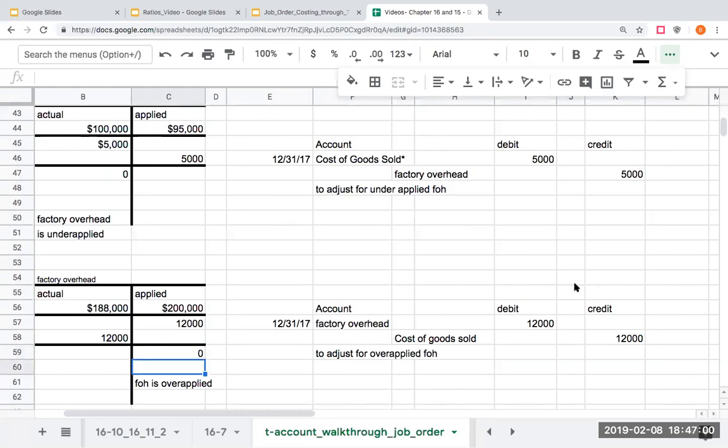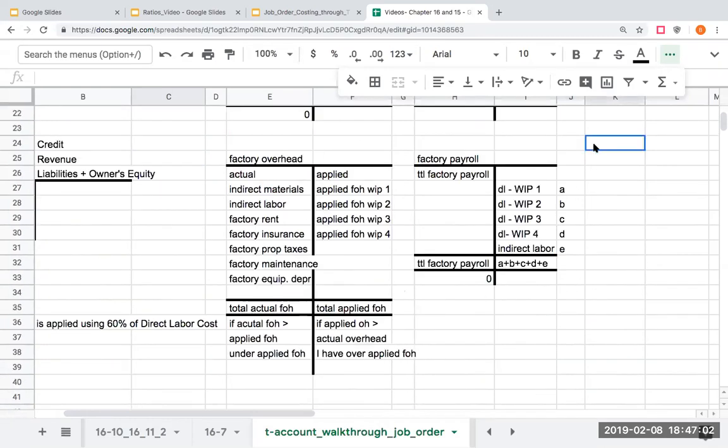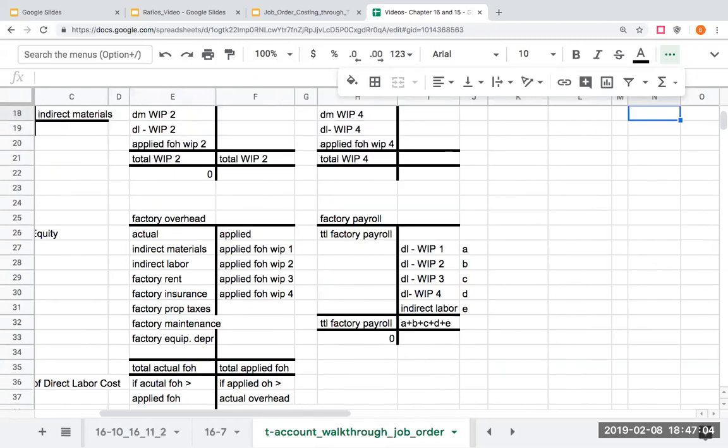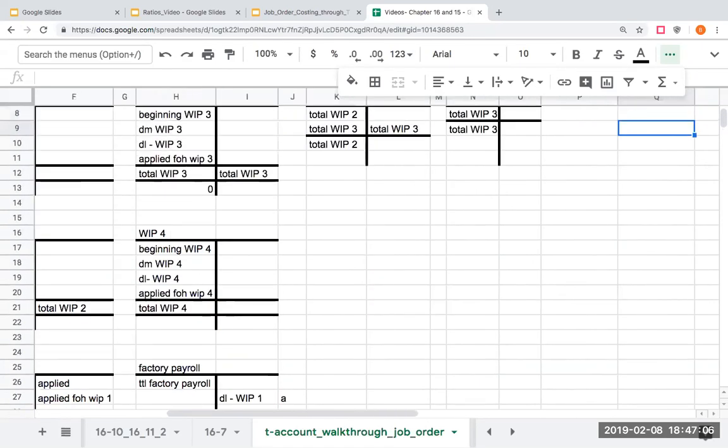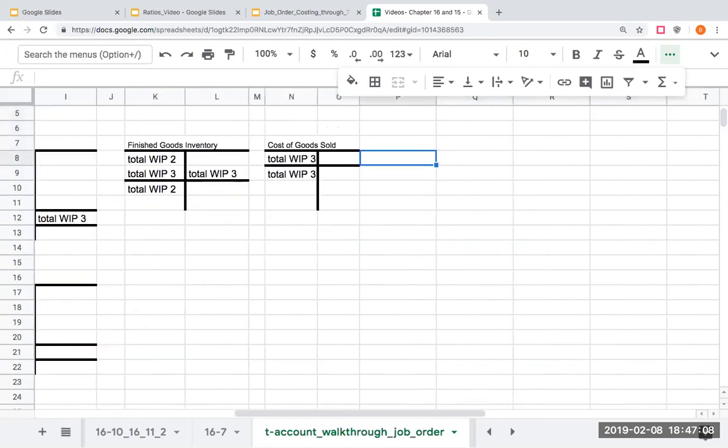When I go over here to my T accounts and go to cost of goods sold, any under applied factory overhead will go here, and any over applied factory overhead will go here. And that will get me to my ultimate ending cost of goods sold.